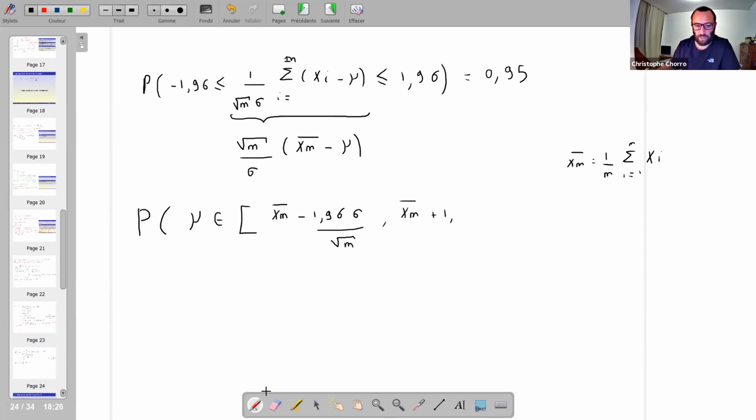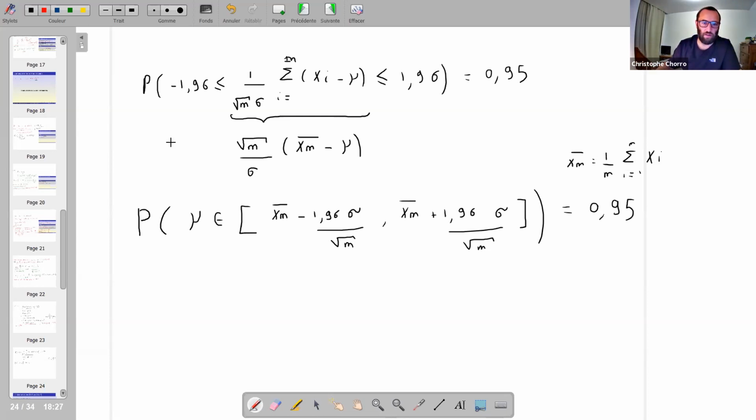So be careful because here I have to distinguish between both. You have a 6 here, and here you have a sigma. So 1.96 sigma over the square root of n, and this probability is equal to 95%.